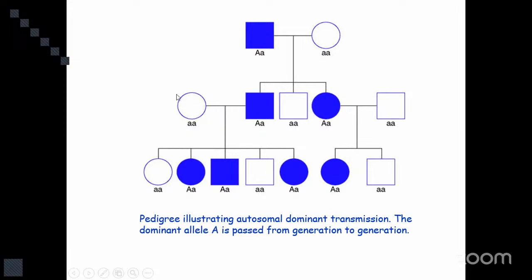He married a lady that is normal, and they had 1, 2, 3, 4, 5 children. Out of the 5 children, 3 were unlucky to inherit this trait. And then the sister here, who has the disease, married somebody who is normal, and out of the two children, the first child, which is a girl, is affected.